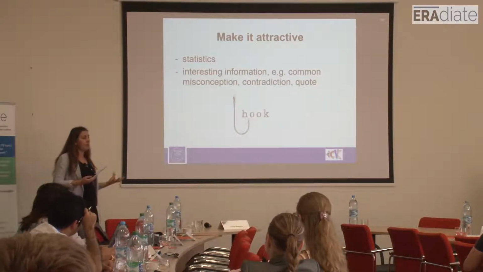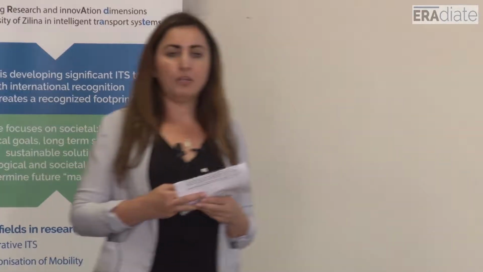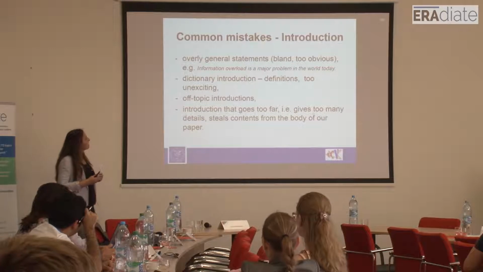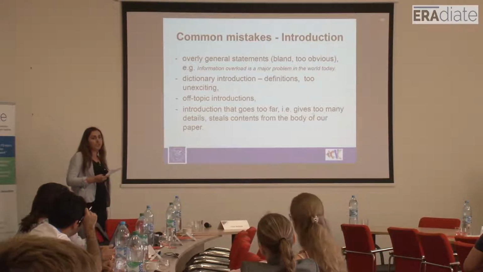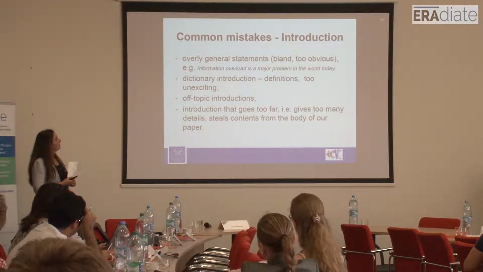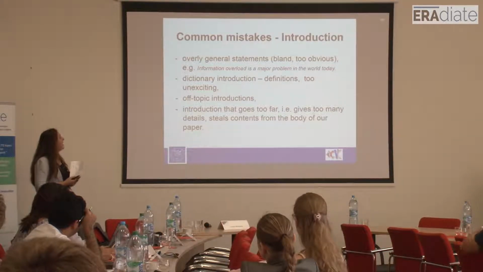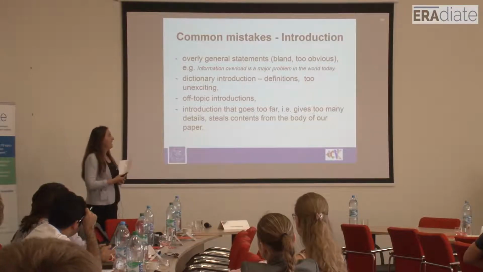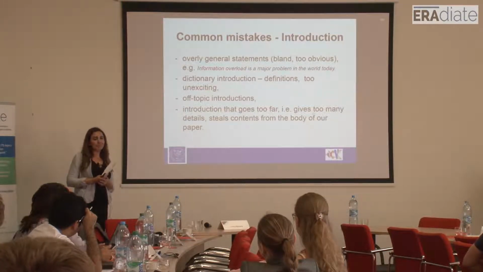So this should be something like a hook that helps you capture the attention of the audience. Common mistakes in the introduction are statements that are overly general, bland, too obvious. For example, information overload is a major problem in the world today. It's a bit of a cliché, isn't it?